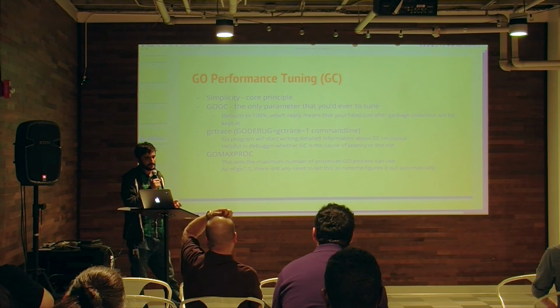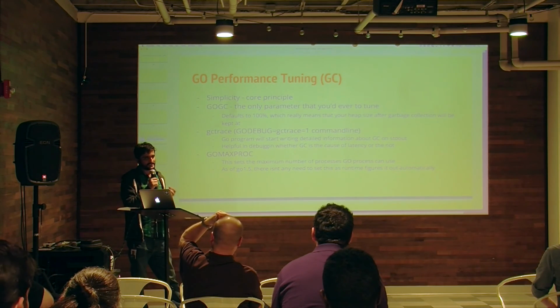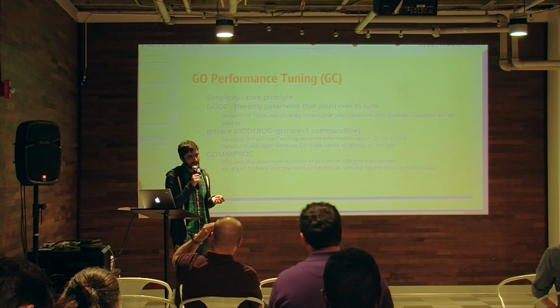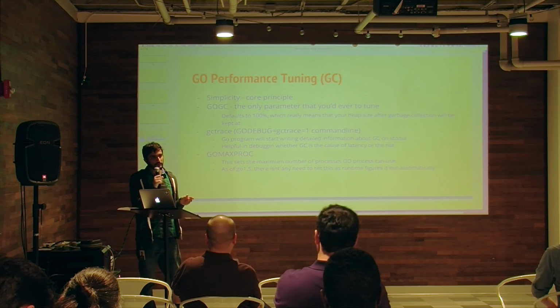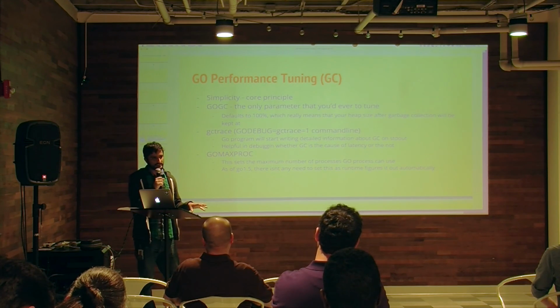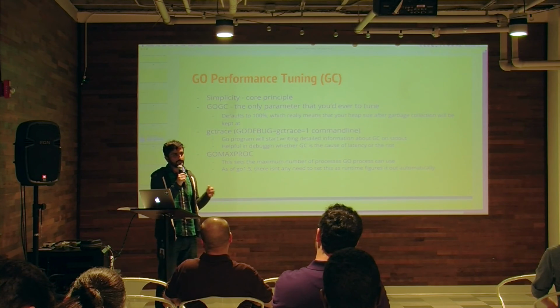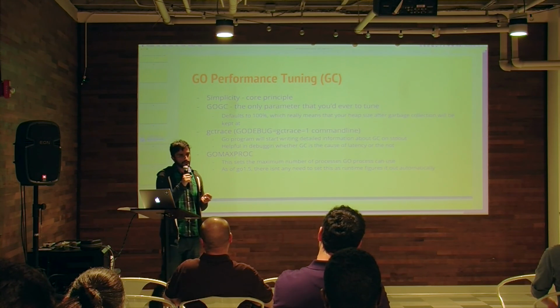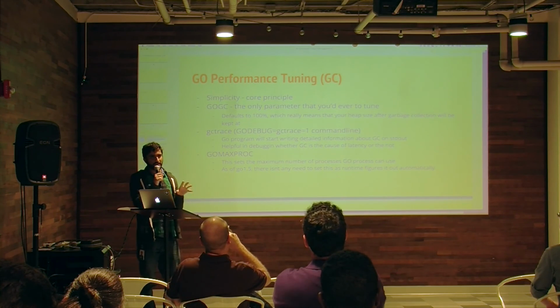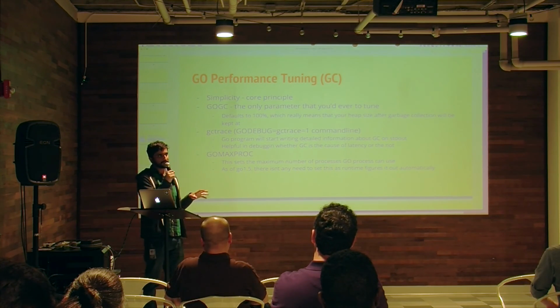Go doesn't let me tune the GC at the level that I want it to, and at times I think I know that if I give more threads or more CPU to the GC, it will get done faster. But it looks like that's the decision that the Go authors made, that we don't want to expose that part to the ordinary user.